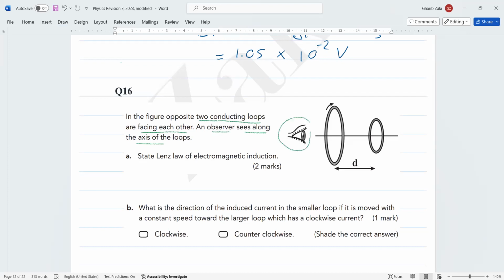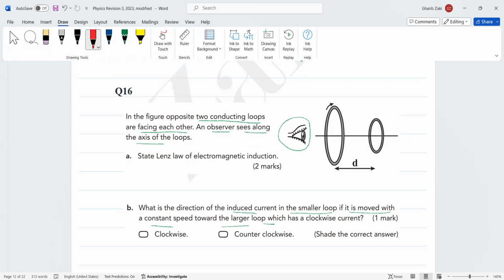So this is the observer. What is the direction of induced current in the smaller loop if it moves with a constant speed towards the larger one? Can you see? The smaller loop is moving towards it.